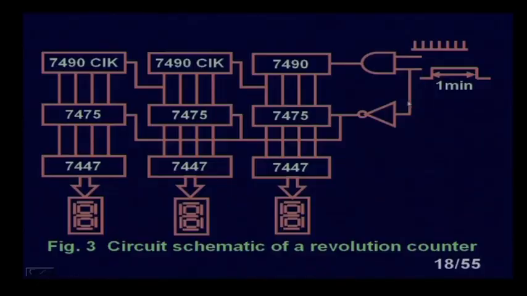Now, 7475 is a 4-bit data latch flip flop. It is very interesting. In the AND gate inputs, we have a high frequency clock pulse coming from the photodiode. Depending on the speed of the disk, the number of clock pulses per minute will also increase.